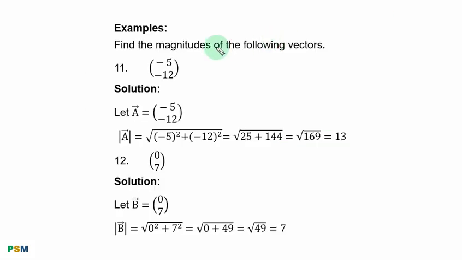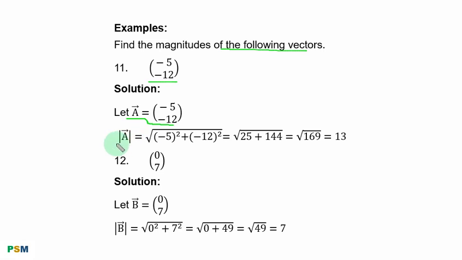Examples: find the magnitudes of the following vectors. Number 11, you have this column vector. Solution: let's give the vector a name. Let vector A be equal to the given column vector.